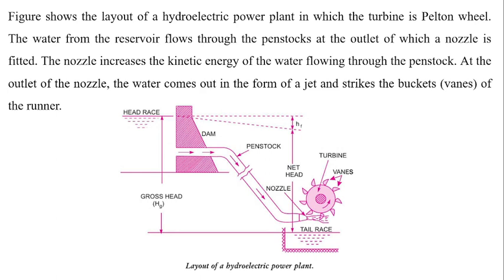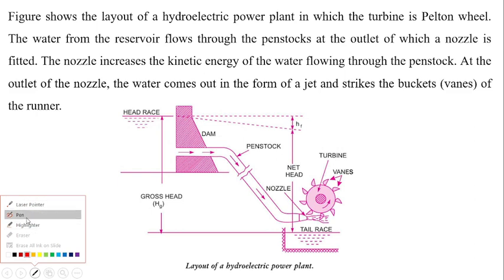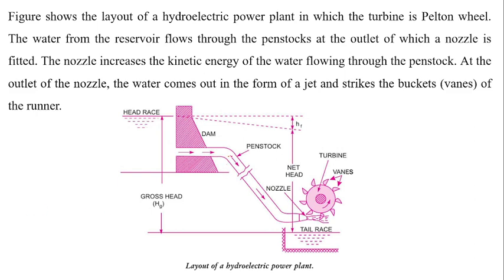The figure shows a hydroelectric power plant which has a turbine. Around it there is a fixing of vanes. The water from the reservoir flows through the penstock, and at the outlet a nozzle is fitted.